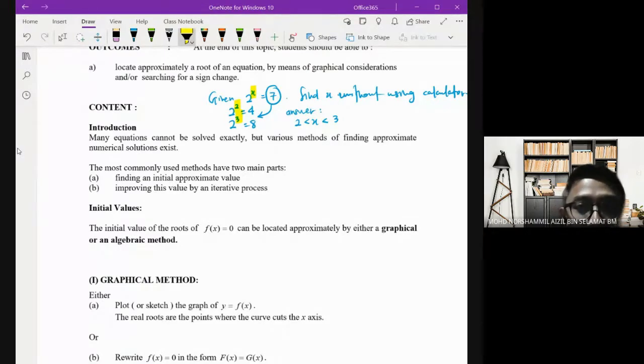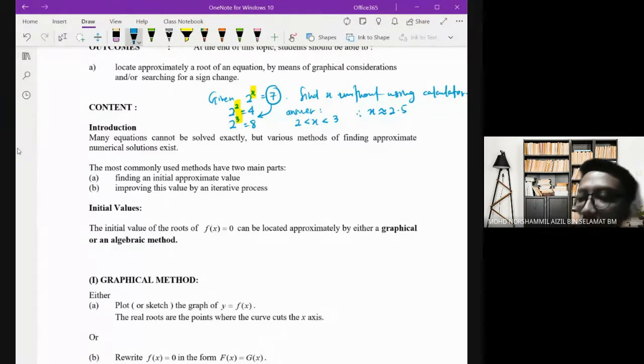Got the idea? So we can assume that maybe x is equals to 2.5. We take somewhere in the middle, in between 2 and 3.